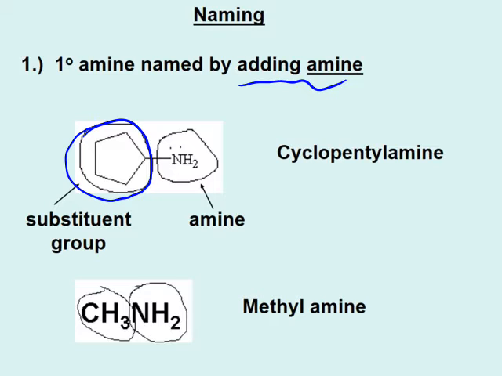So it's called cyclopentyl. So this is called cyclopentyl amine. So this part, left-hand side part, is cyclopentyl. Similarly, in the second case, we'd call it methylamine. Left-hand side group is methyl and right-hand side is amine. So basically you name the substitution group and you end it with amine.